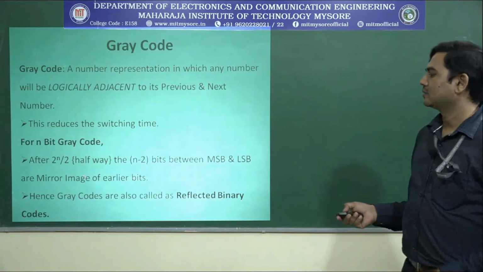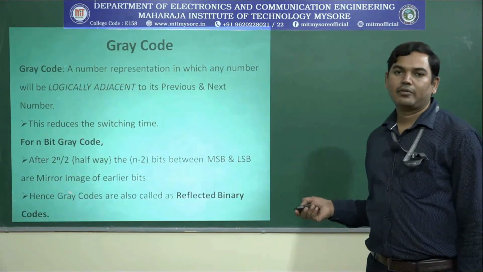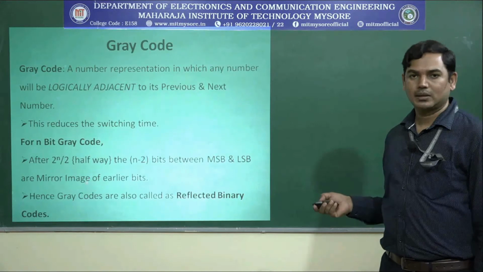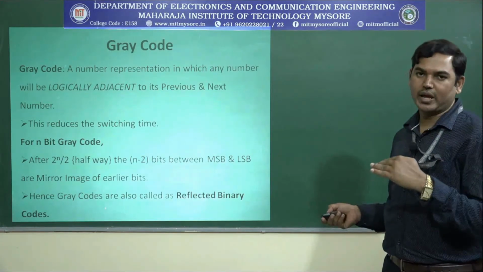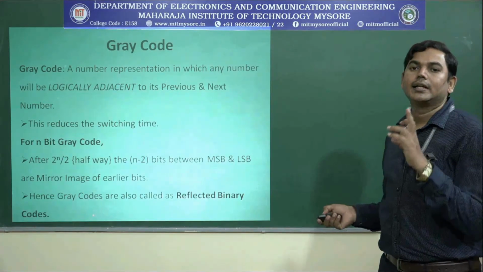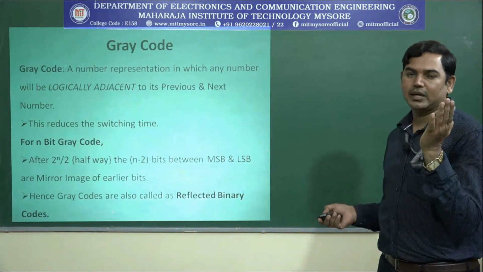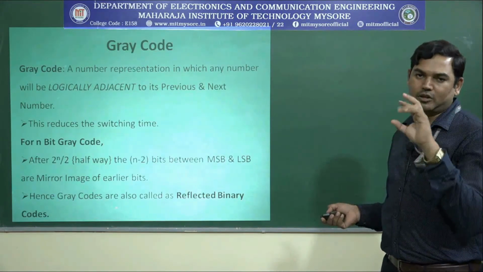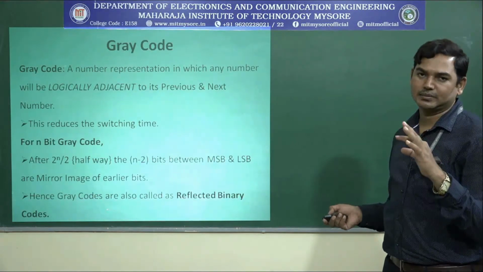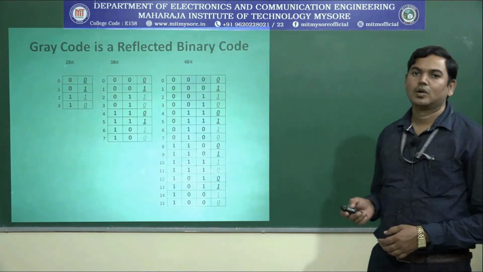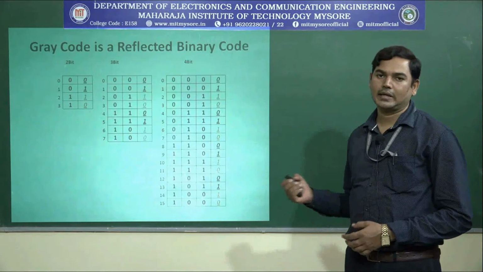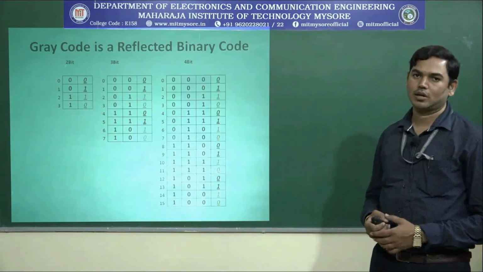The answer is here. After every 2 to the power n divided by 2, that is halfway, you can see the n minus 2 bits between the MSB and the LSB, they will be exactly mirror images of one another. Let us discuss one more way of writing a gray code column.